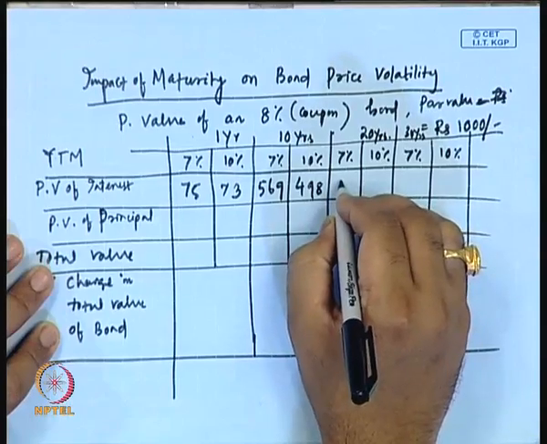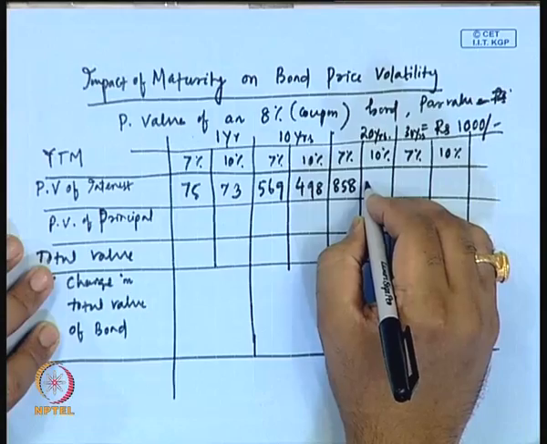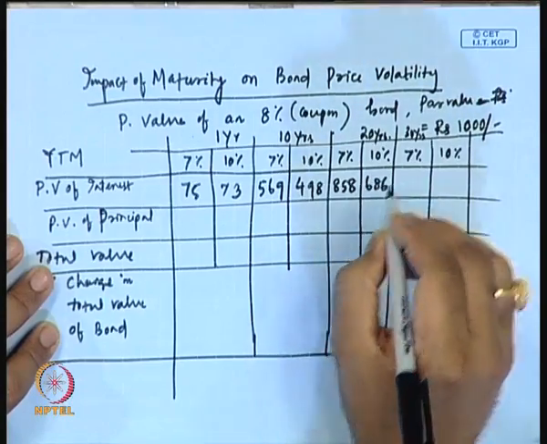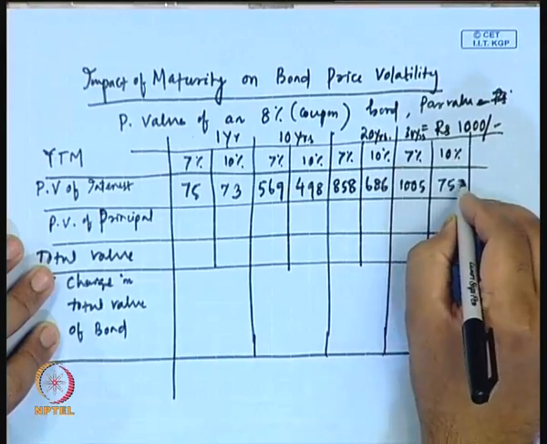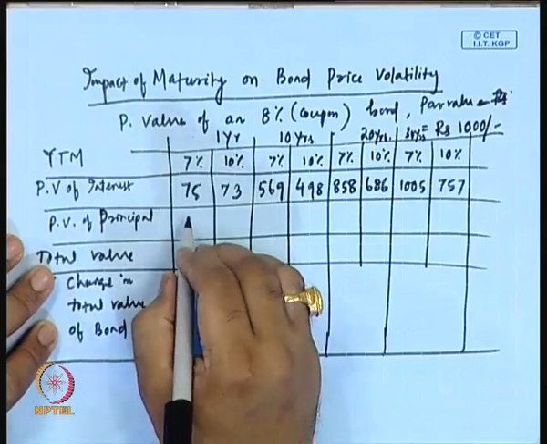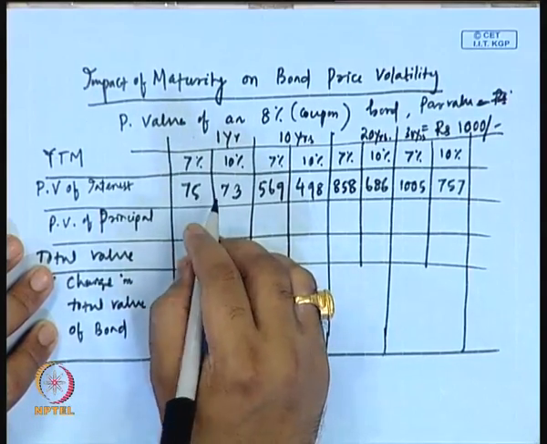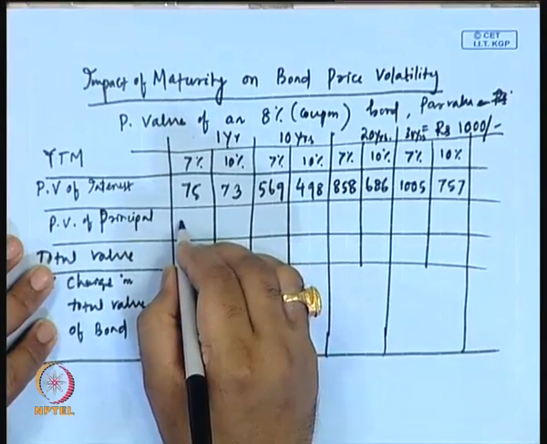For 20 years, if you discount it like that, you will get 858, this will be 686, this will be 1005, this will be 757. If you calculate the present value of the principal amount, the par value you have is 1000 rupees.